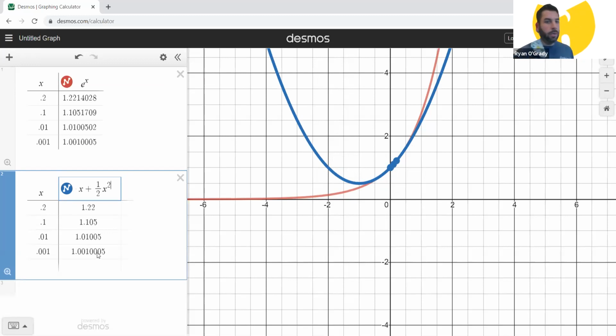Look how accurate we are. So we didn't just guess at this, we reasoned it. We reasoned that a polynomial is a good approximation of any function if their derivatives match, at least at a specific point.